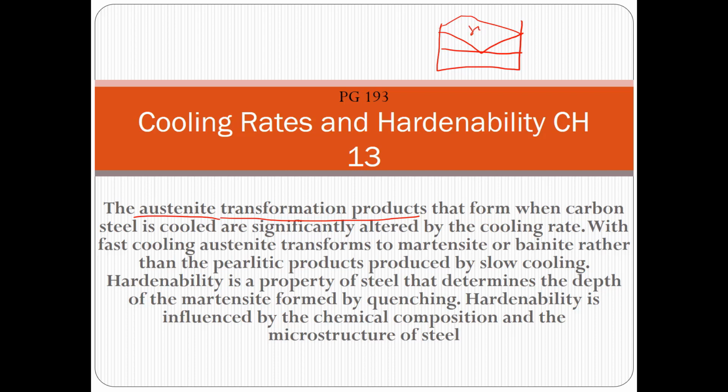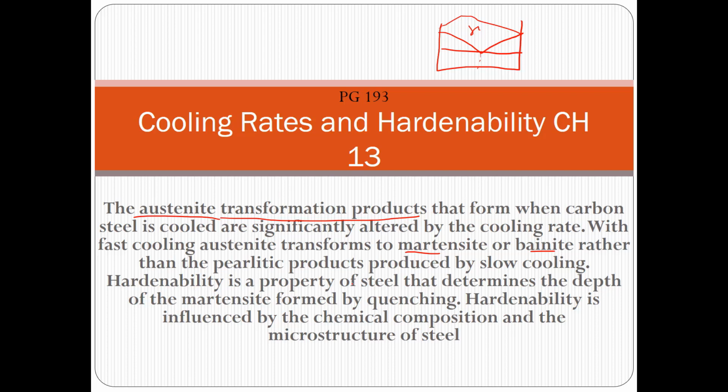So we're in this zone somewhere. We're in this austenite zone. So when I cool this down out of this zone, if I cool it slow, it's going to follow the iron carbon phase diagram. But if I cool it fast, it's not. It's going to turn into either martensite or bainite. So when we say austenite transformation products, you should know what that means. We've austenized and we're going to cool it and it's going to turn into something else. That's what that means.